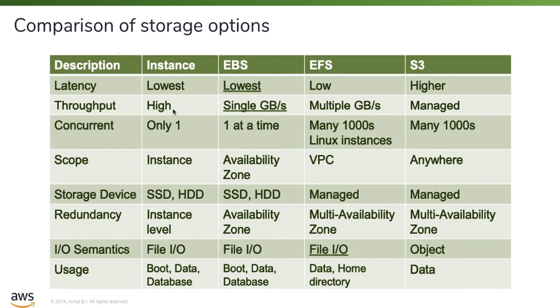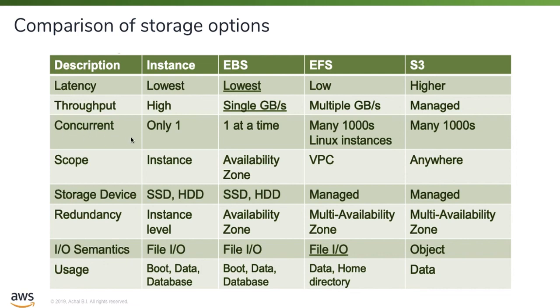Throughput is high in instance store, so if you are looking for high throughput volumes or temporary storage, you could go with instance store. In EBS you could get single GBs, but in EFS you could get multiple GBs as well. And this throughput is managed by S3, so you don't get to manage the throughput in the S3 option.